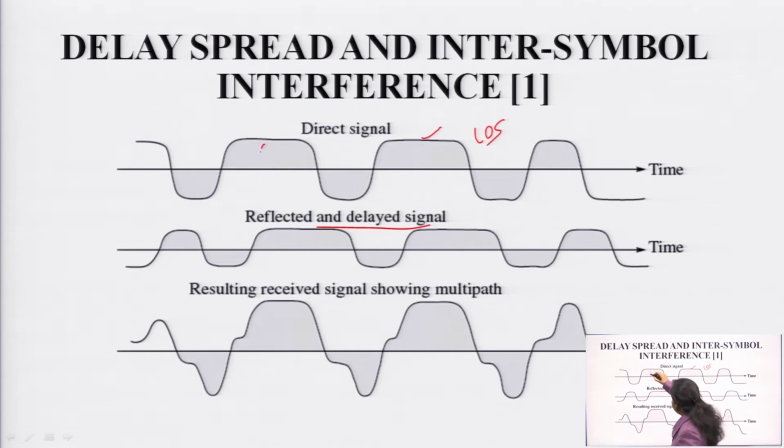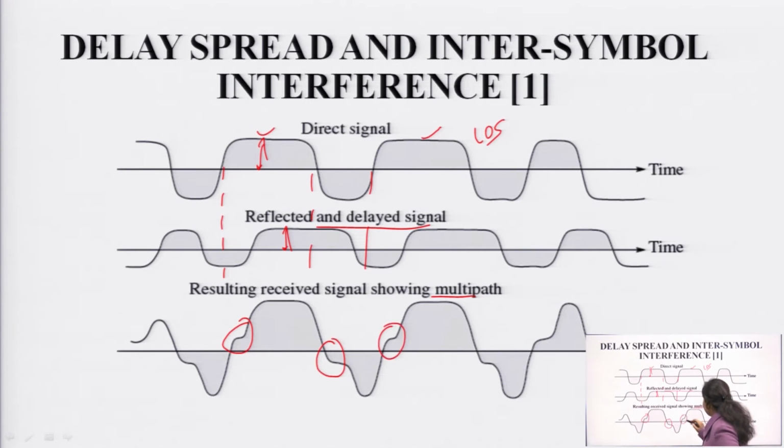You can see that the amplitude of this signal is reduced due to the reflection, and it is a delayed version of the first one. This is the received signal showing the multipath. Here there will be noise that affects the signal quality. That is the drawback of delay spread, along with the effect of inter-symbol interference, shown in these waveforms.